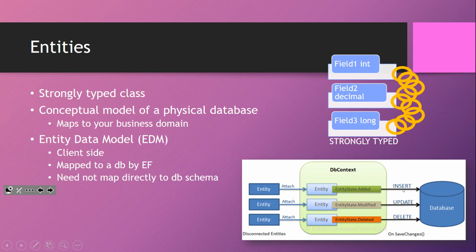So whenever you see in our book strongly typed class, they just mean as compared to a loosely typed class, like you would make in Python, where every data element could end up whatever it wanted. But so our class is strongly typed, and usually one class is a model of a physical database. We usually match up.